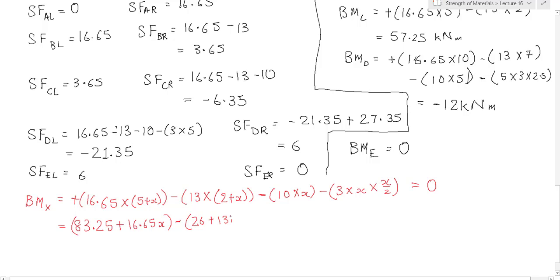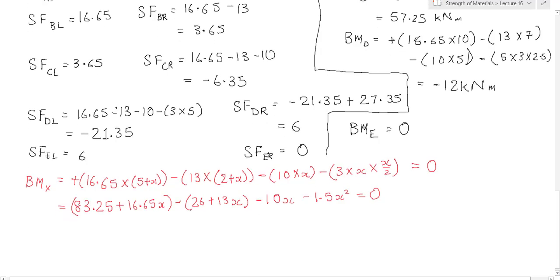Sorry, this is 13x, this is minus 10x, and this will be in terms of x square. So it will be minus 1.5 x square, right? So we can write this in quadratic form.